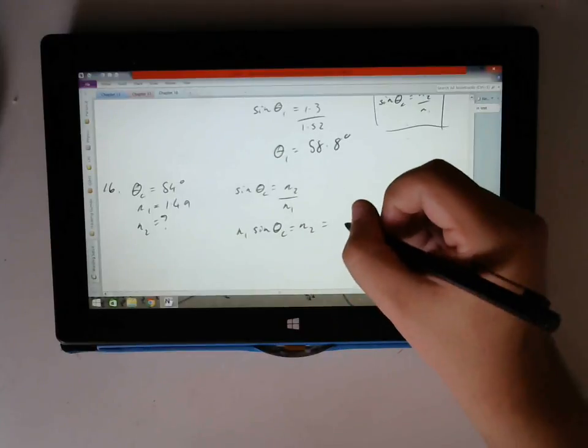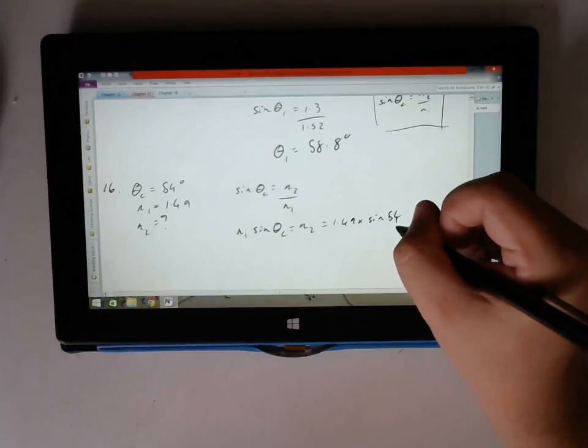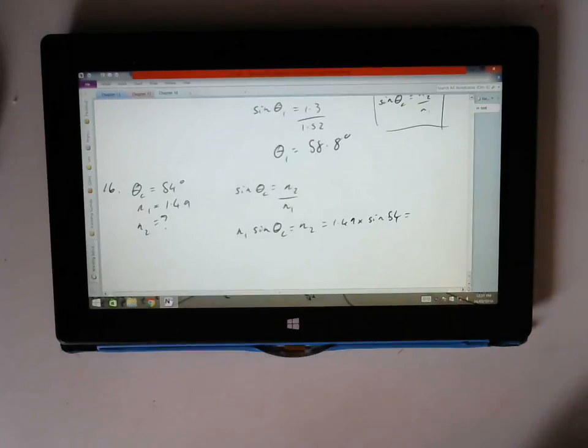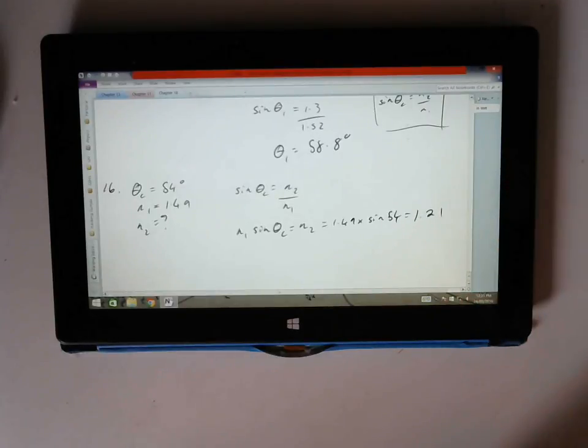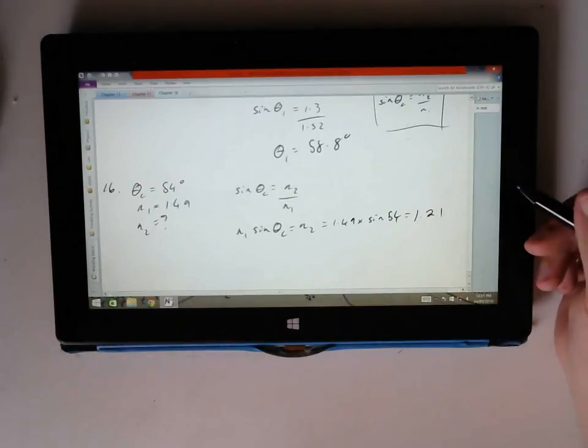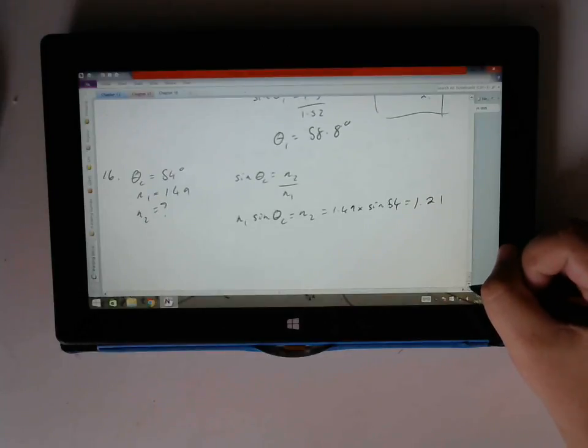So that will equal 1.49 times the sine of 54. Sine 54 multiplied by 1.49, we get that equals 1.21-ish. Okay, it's less than where we started, so that means yep, we're definitely getting the right sort of idea there. Okay, 17.